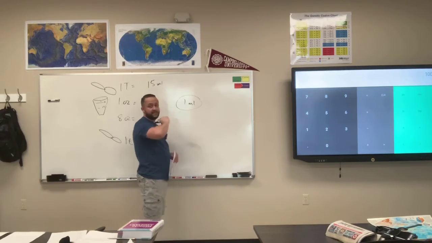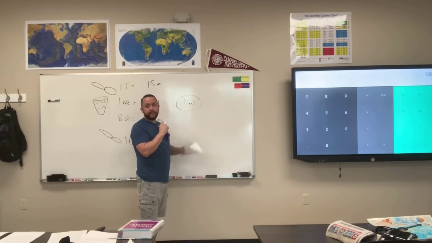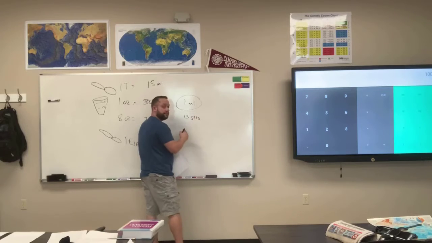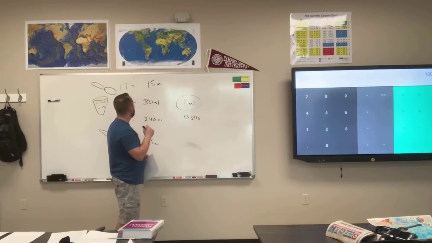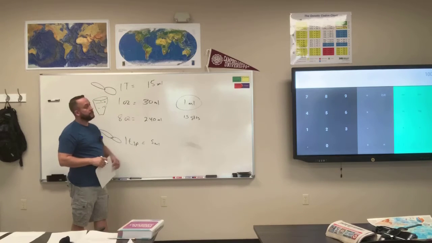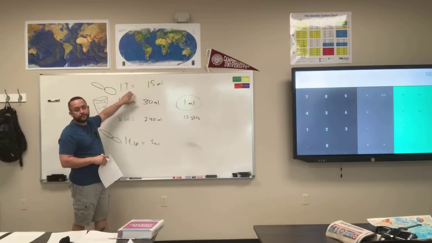Everybody should know what that is. It's the same as a cubic centimeter. There are 1,000 of them in a liter. There are 15 drops in 1 ml. There are 15 mLs in 1 tablespoon.